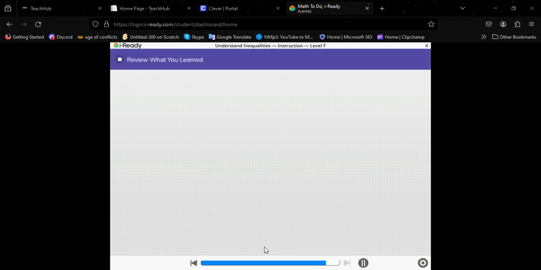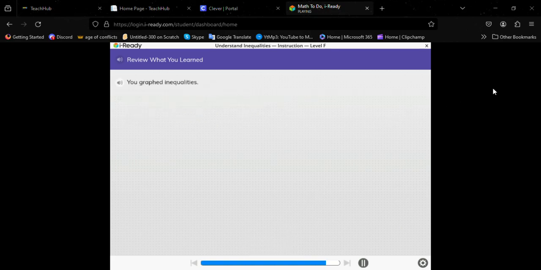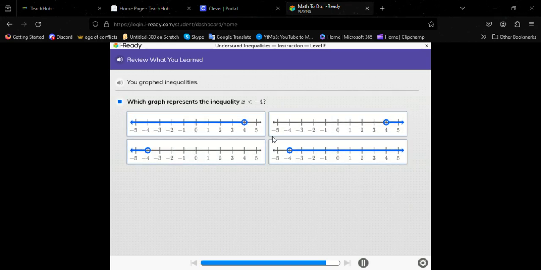Let's review what you learned today. You wrote inequalities that have a variable. Every day last week, the low temperature in Fairview was below negative 4 degrees Fahrenheit. Which inequality represents temperatures below negative 4 degrees Fahrenheit? You graphed inequalities.